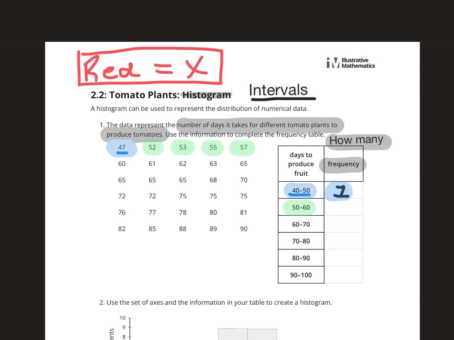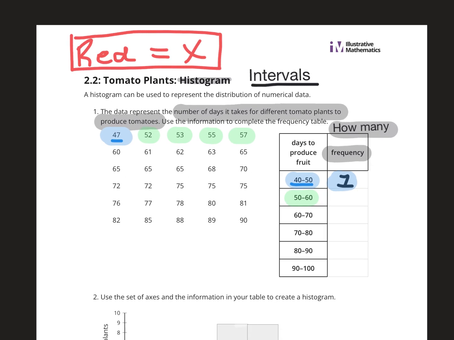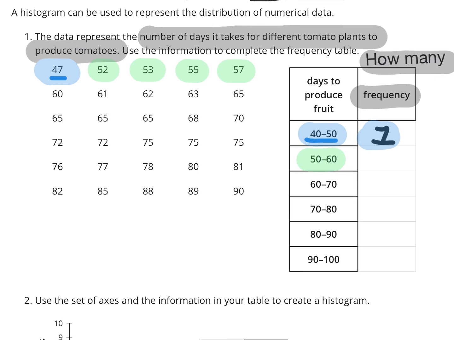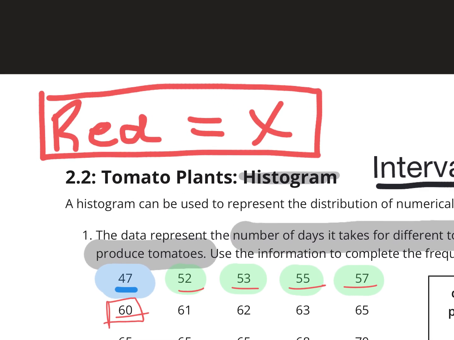I do things in red sometimes to make sure you're aware of very common mistakes that happen a lot. One very common mistake would be including this 60 inside of this interval, so that I have 1, 2, 3, 4, 5 pieces of data. Again, red means no. This is incorrect.